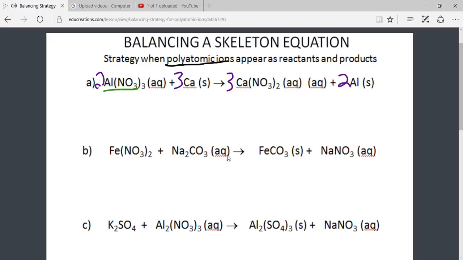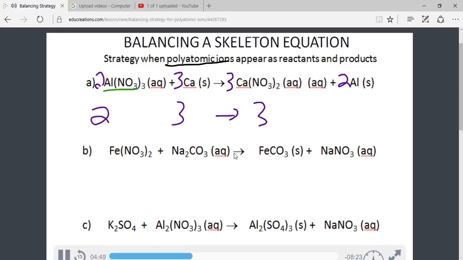I've erased the inventory values written below example A to reveal what the balanced equation actually looks like. What we see is that there is a ratio of 2 for 3 as reactants, creating 3 for 2 as products. This is now the balanced chemical equation, which is typically the simplest ratio of atoms or ions present in the reaction.